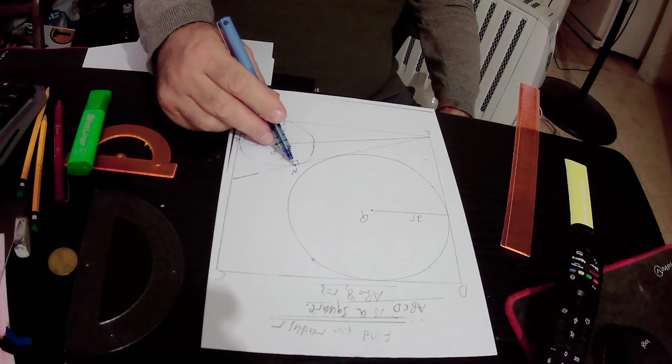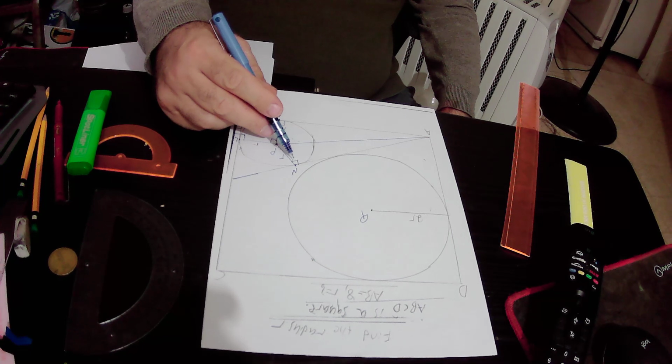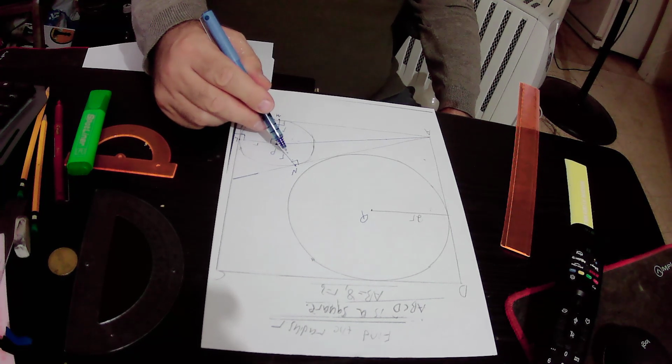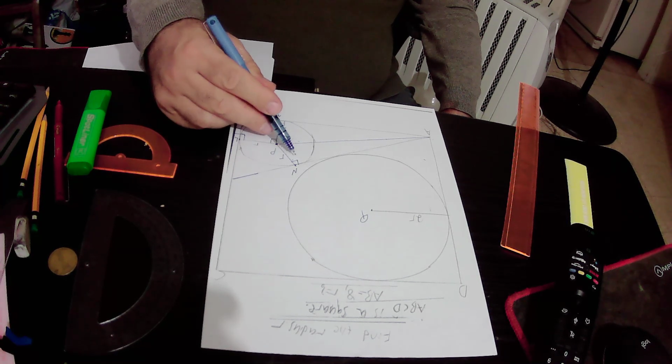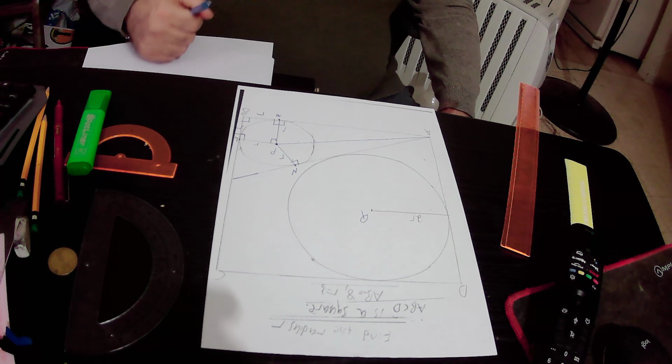The point of tangency is N. So at point N, the tangent AN is perpendicular to the radius, according to rule number 1. So this angle equals 90 degrees.